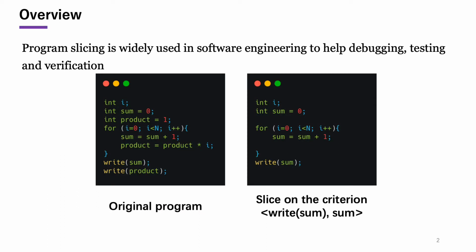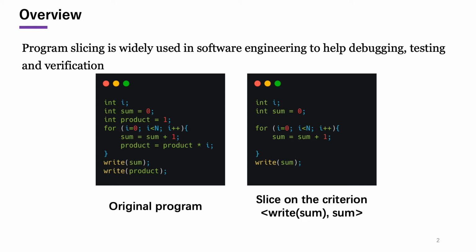Program slicing is the computation of the set of program statements that may affect the values at some point of interest. In this example, the original program and the program slice on the criterion right sum is displayed.